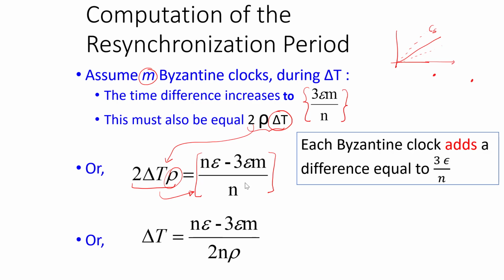So if we consider this, we will get delta t, which is nothing but the resynchronization interval. It is the interval at which we need to synchronize our clocks, as n epsilon minus 3 epsilon m divided by, so of course 2n rho will come to the denominator here, so divided by 2n rho.